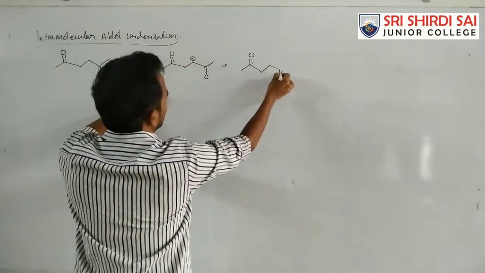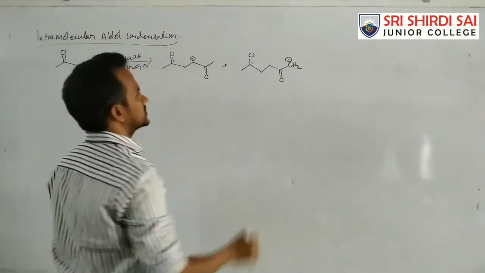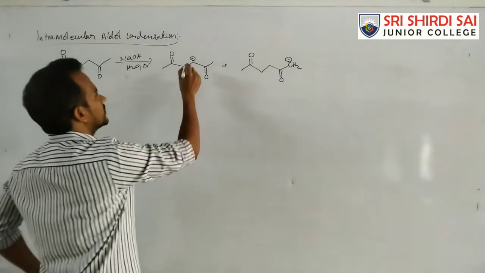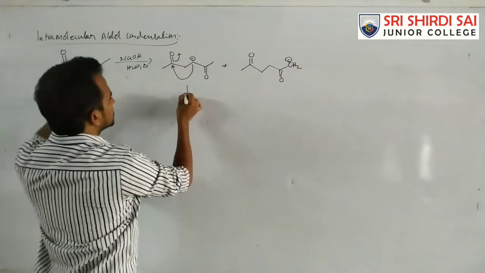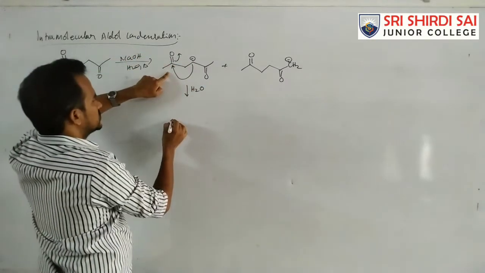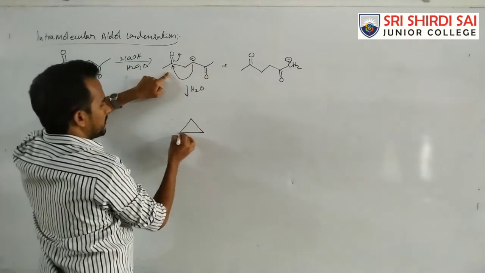Now this carbanion attacks internally. For example, this carbanion attacks this carbonyl, giving O minus, which accepts a proton from water. What is the size of the ring? 1, 2, 3: a 3-membered ring.